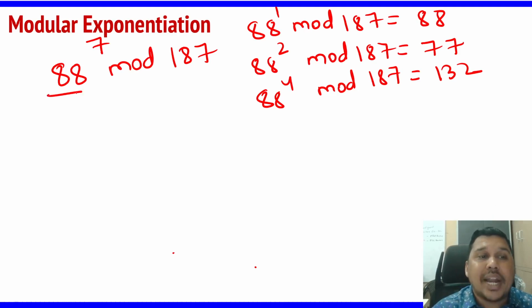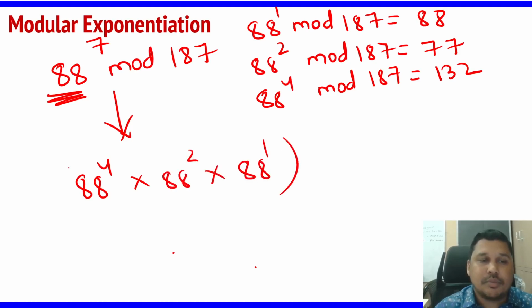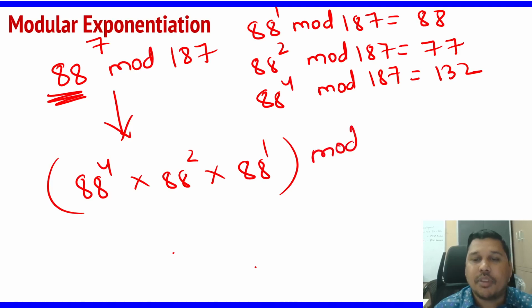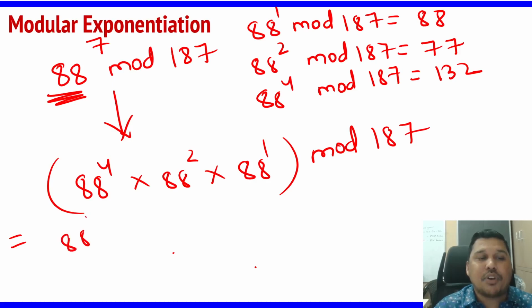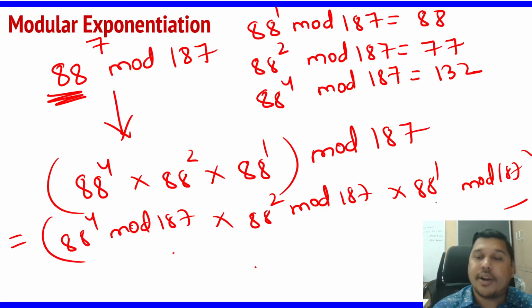Now, how can you write 88 power 7? We can write it as (88 power 4 into 88 power 2 into 88 power 1) whole mod 187. So this can be written as (88 power 4 mod 187 into 88 power 2 mod 187 into 88 power 1 mod 187) whole mod 187.